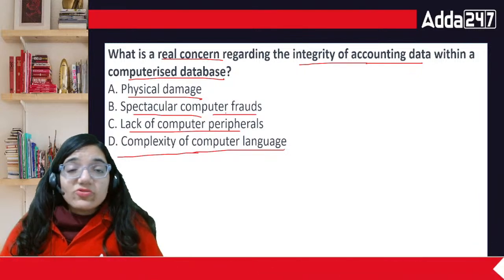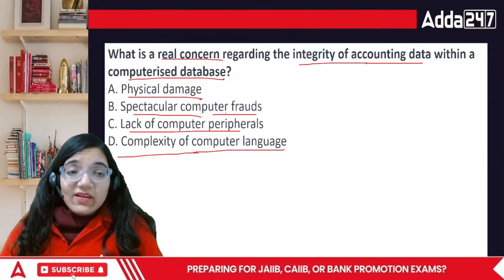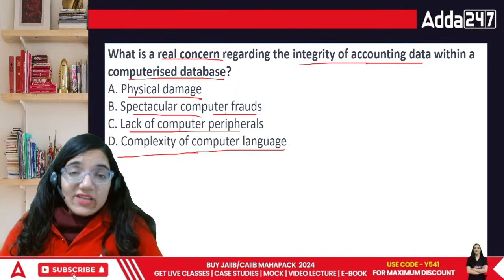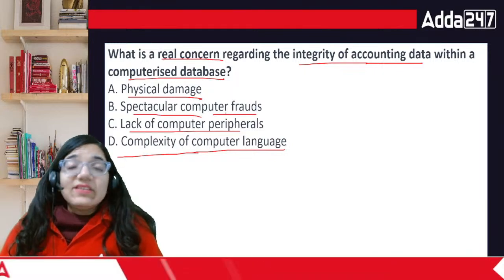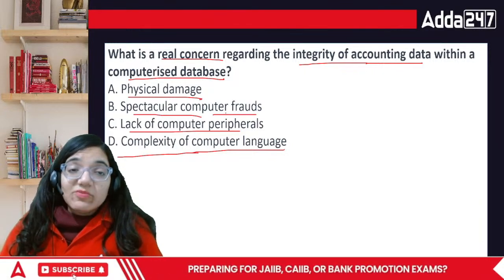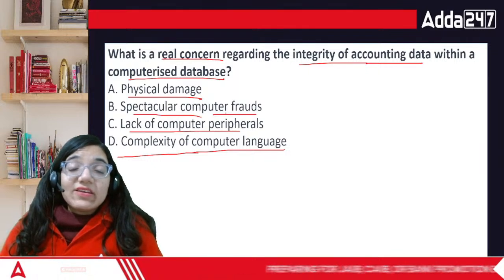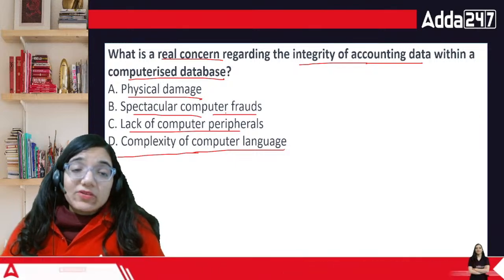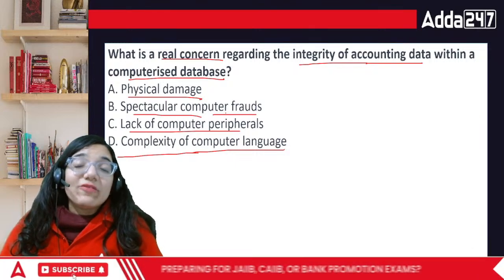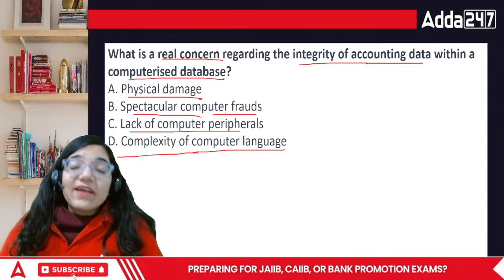Those who do not have that technology-based idea, they will be asked for OTPs and everything. And then boom, they are just taking the entire money out of their pockets. And that too hard-earned money. And tracing these people down is very difficult at times because their IP addresses and everything is just not traceable. So these are spectacular computer frauds. Matlab, these are not small frauds. What they do is a higher level fraud.